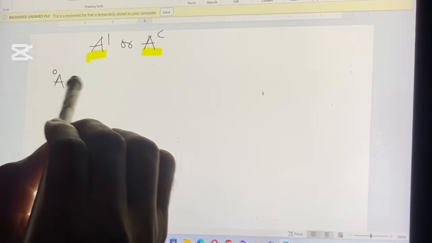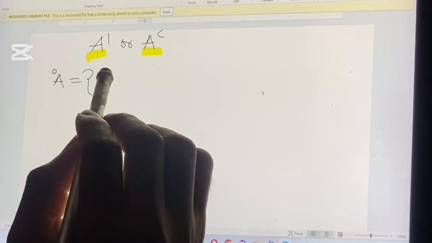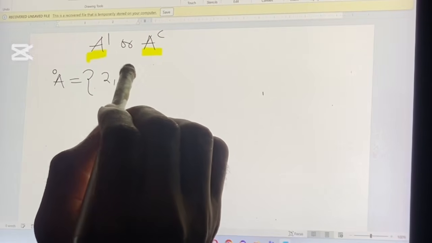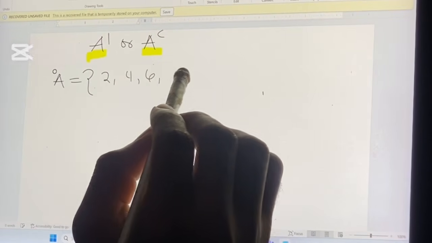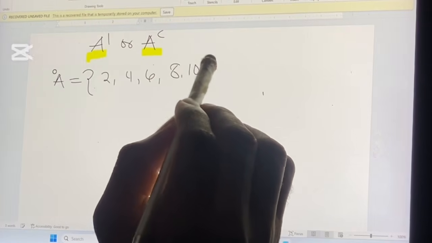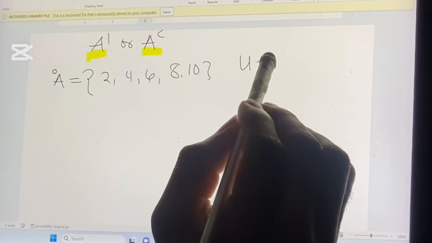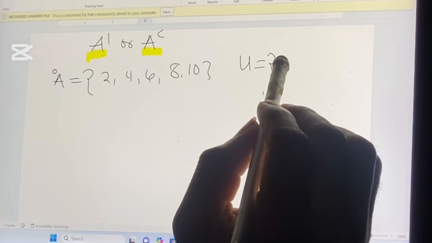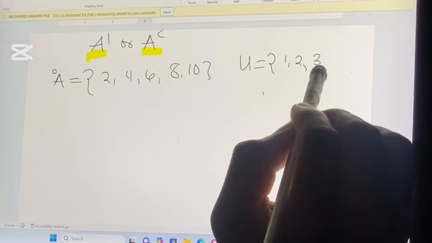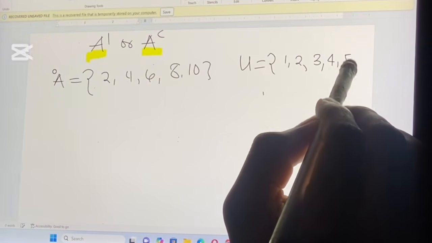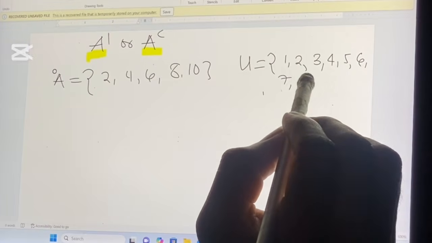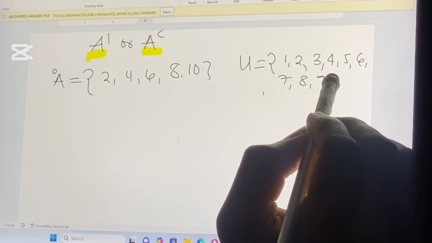So we have A to be this. The set of A from the equation here is 2, 4, 6, 8, 10. And the union set given to us here is 1, 2, 3, 4, 5, 6, 7, 8, 9, 10.